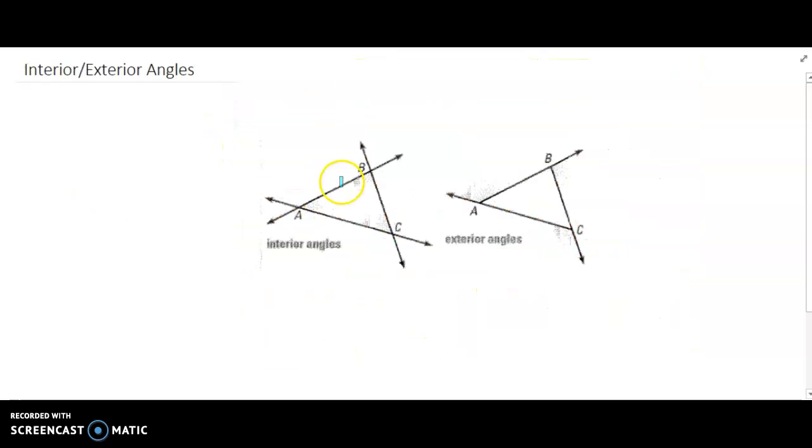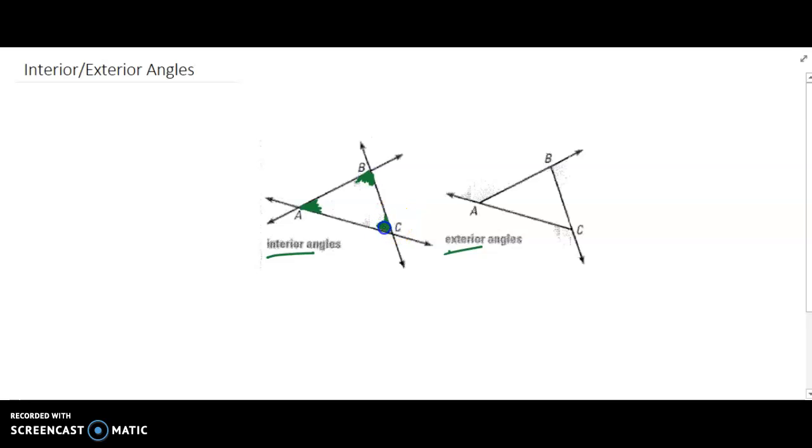All right, now we're going to talk about interior and exterior angles. So notice both of these are the same figure. Here we're going to highlight the interior angles. Over here we're going to highlight the exterior angles. So when I say interior angles, guys, I'm talking about the angles we've been talking about. So I'm going to highlight this and this and this here.